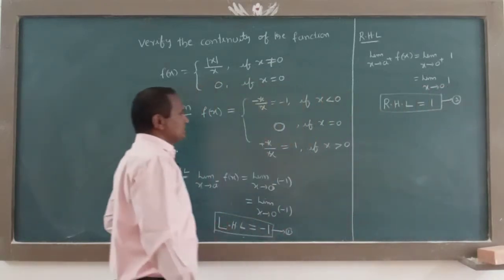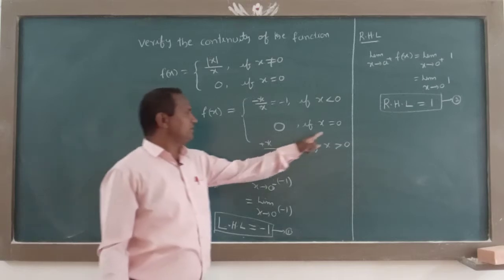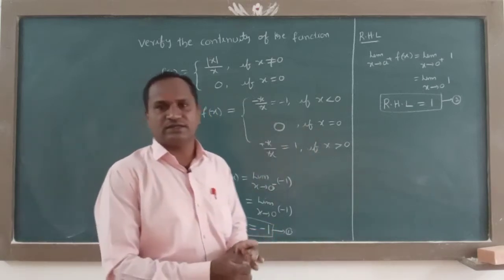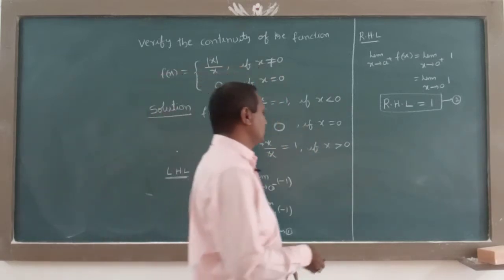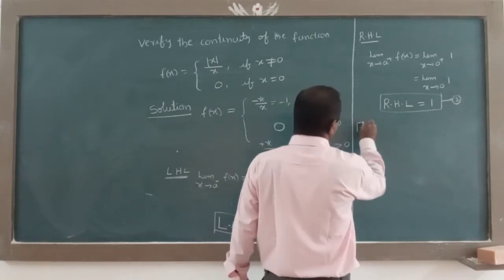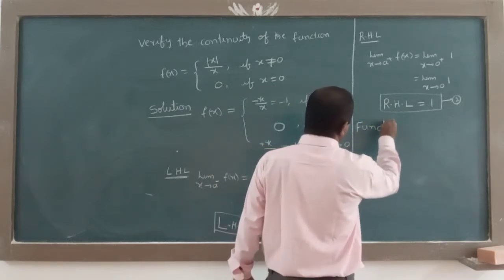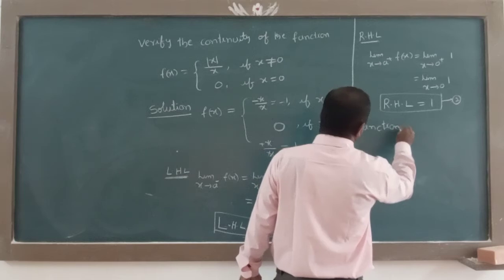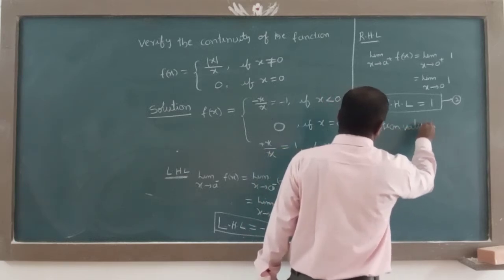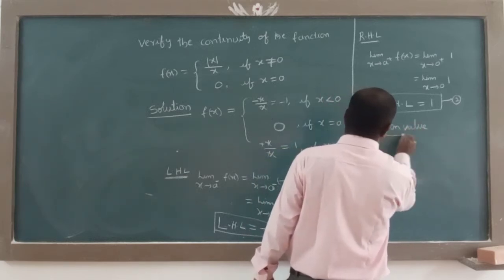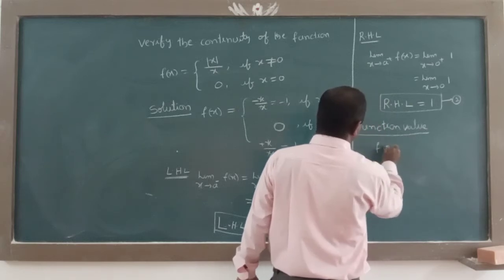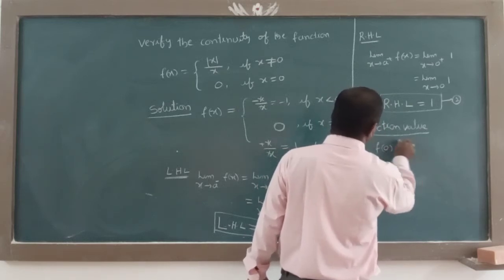Even the function value, corresponding to the equal symbol, we must consider that value as the function value, f of 0 is equal to 0.